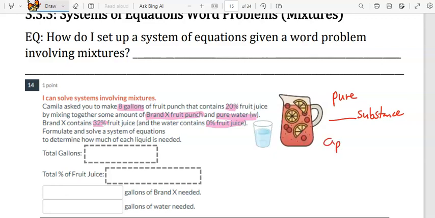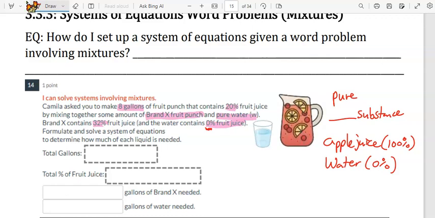So if it was apple juice, you would assume that's 100% fruit juice. And if it was something like water, it would be 0% fruit juice. On these problems, they frequently do not actually tell you that it's 0% or 100% of the mixture substance.